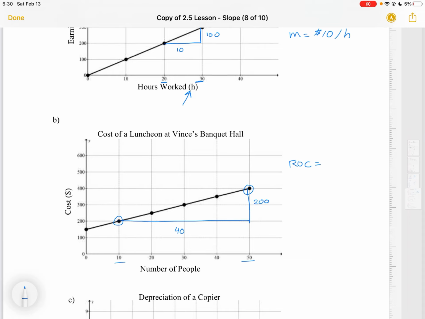So my slope, or my rate of change, ROC, is going to be my rise, $200, over my run, which is people. So then my rate of change simplifies to $5 per person.